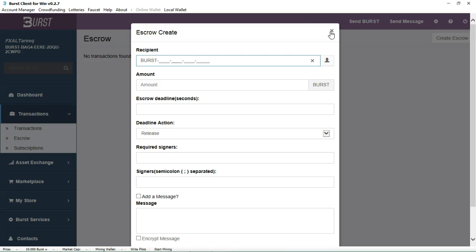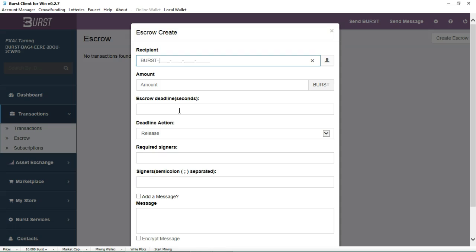So what you do is you enter the recipient, the person to whom you are going to release the money, who is, let's say, the seller, and you're the buyer. You put the recipient's ID inside, then you put the amount, and then you put in the deadline.